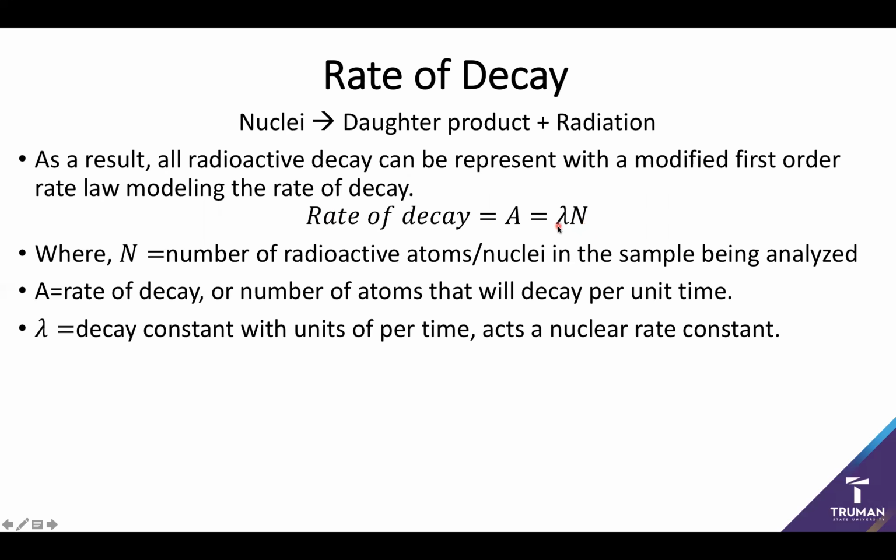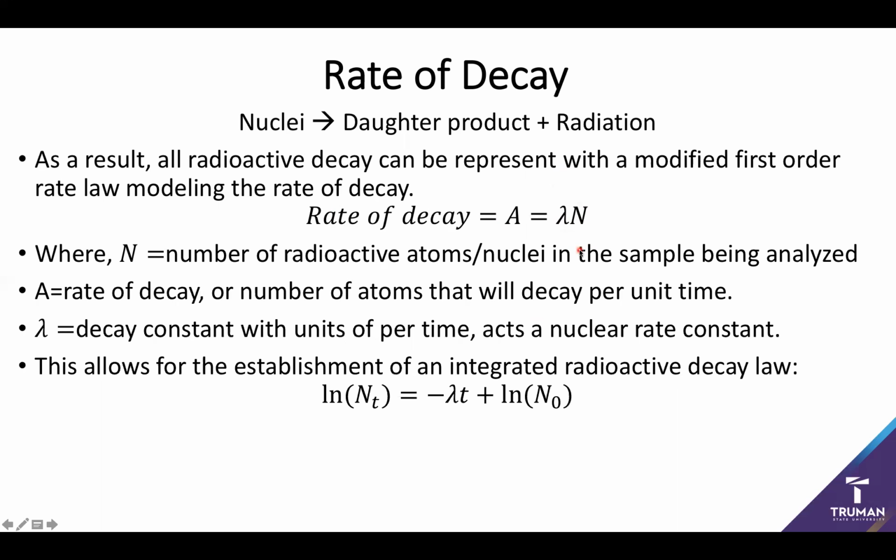And then here our lambda is called our decay constant. So this will just be a good old first order unit rate constant. So only has units of per time, often per year, but occasionally per second, per decade, or per millennia. And really, this is going to be our nuclear rate constant. This is our activity or rate of reaction, and we're switching out concentration for a simple number of atoms.